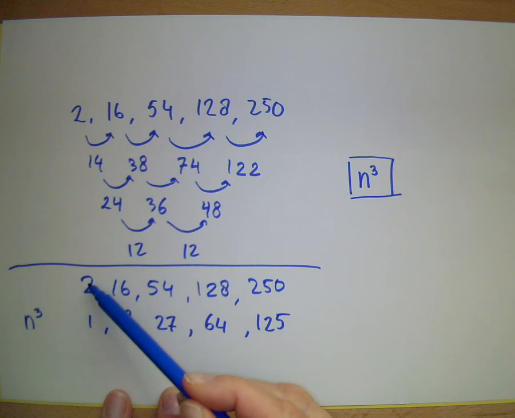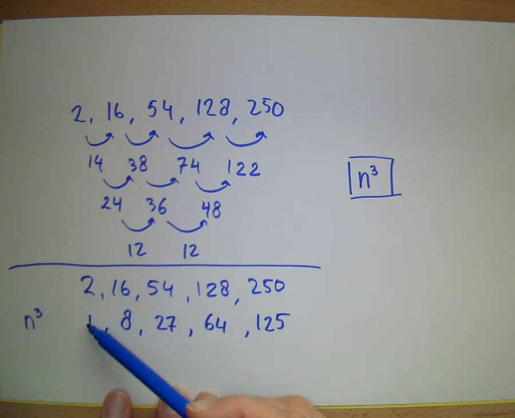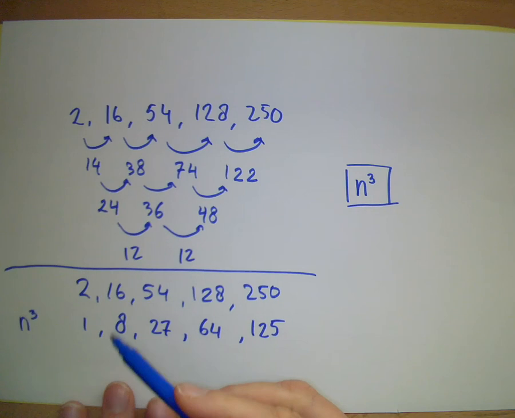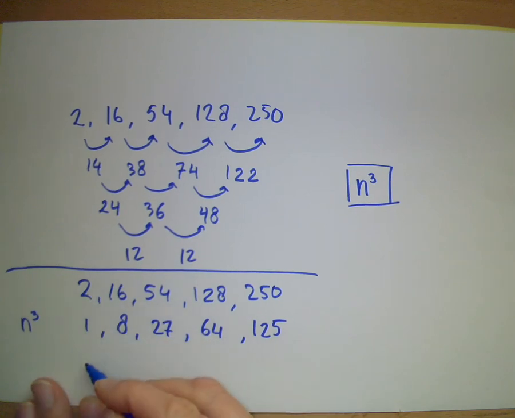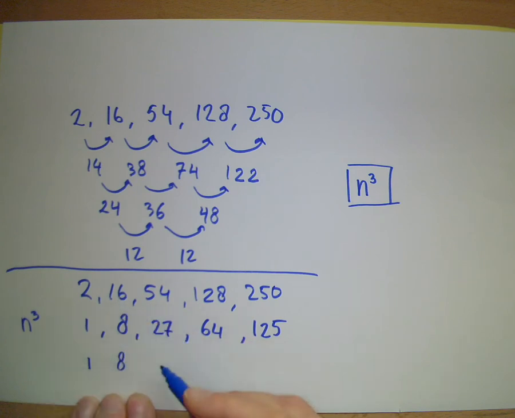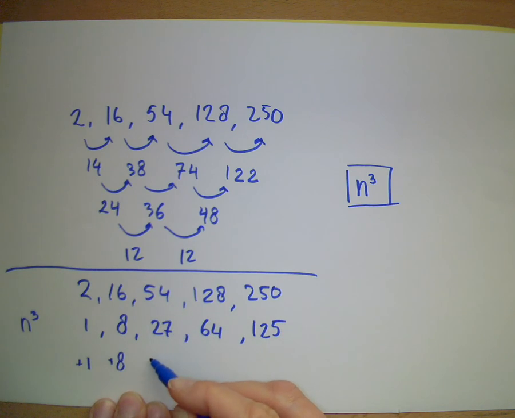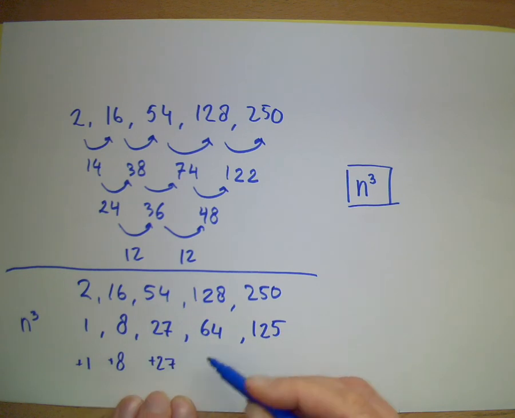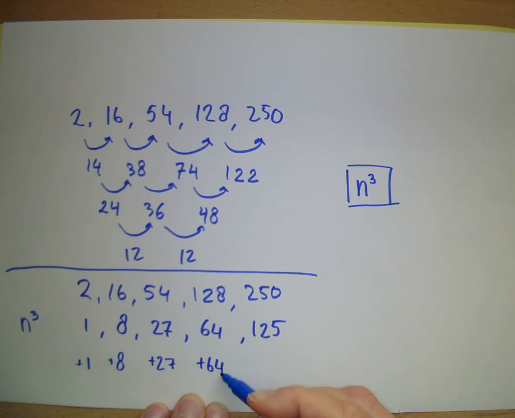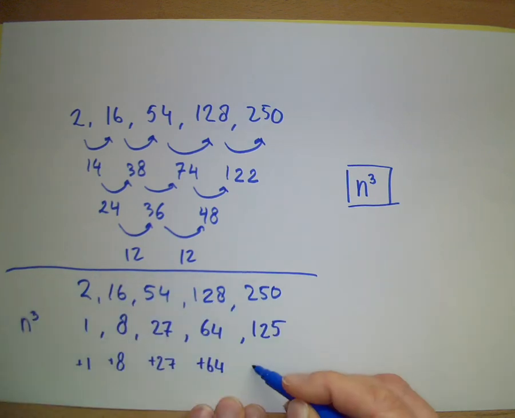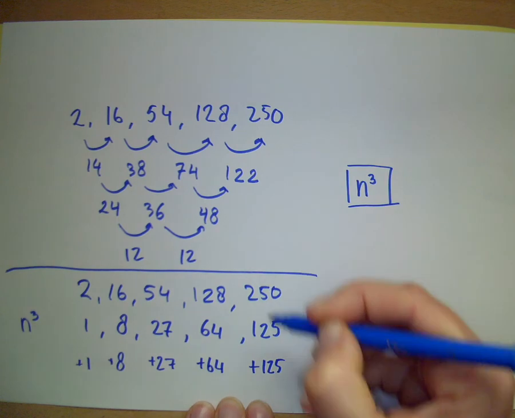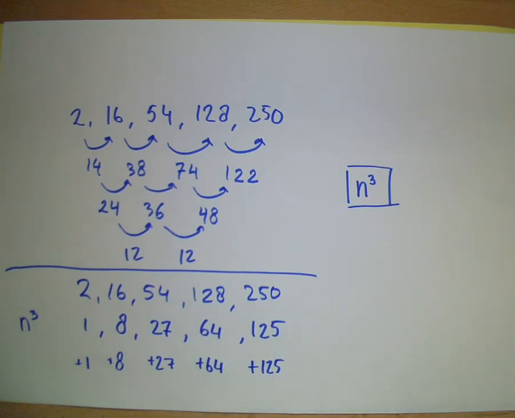So the difference between our sequence and the original n cubed sequence is, ours is 1 more in this case. Here ours is 8 more. Here ours is 27 more. Here ours is 64 more than the original n cubed sequence. Here ours is 125 more than the original n cubed sequence.